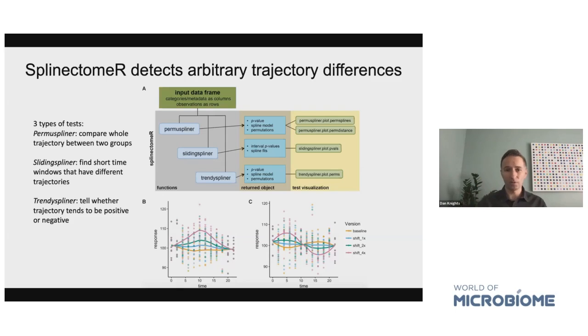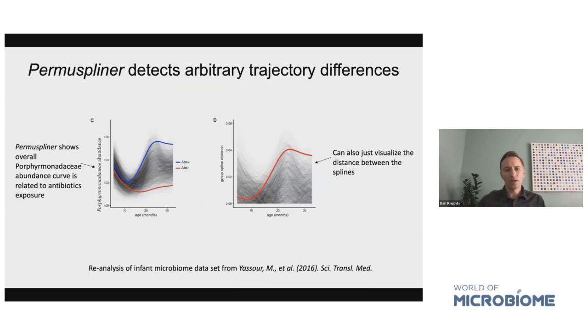And it has 3 different ways to test this. You can ask whether the whole trajectory is different on average. You can also find a short window where there's a difference. And you can also ask whether a trajectory of one feature is increasing over time or decreasing. So the first one is called Permuspliner.